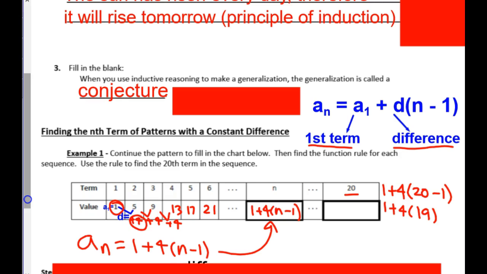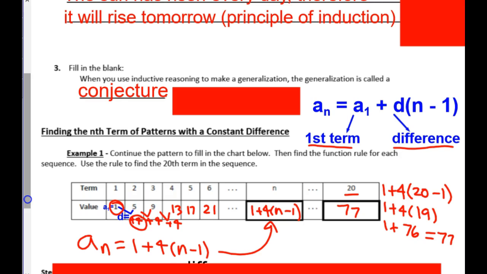But 4 times 19 is 76, I believe. And then your last step, 1 plus 76 is 77. Okay? So that's one way to do it, using that formula, a sub n equals a sub 1 plus d times n minus 1 in parentheses.